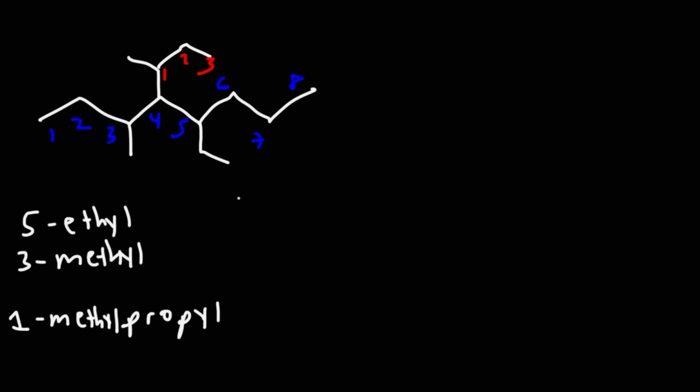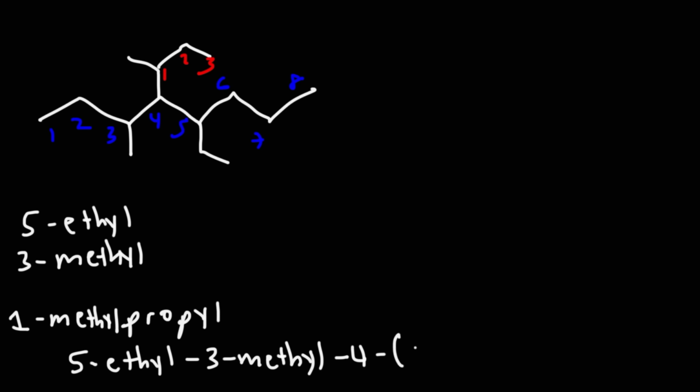Putting it all together, we have 5-ethyl, 3-methyl, and on carbon 4, so this is dash 4, and then in parentheses, a 1-methylpropyl group, and then the parent chain is octane.